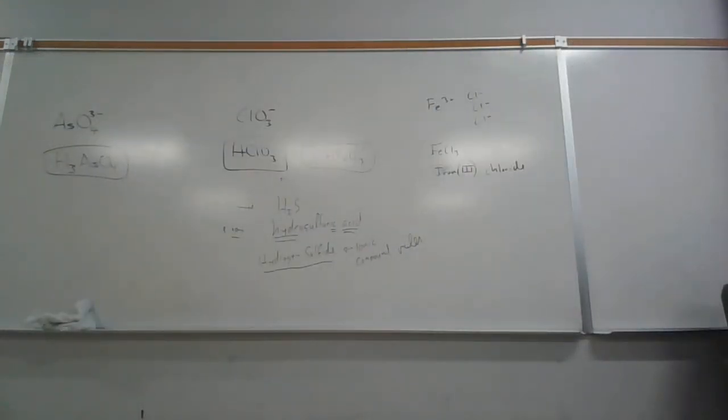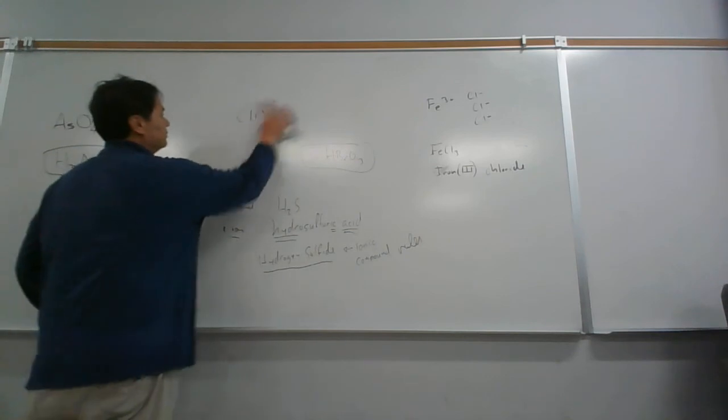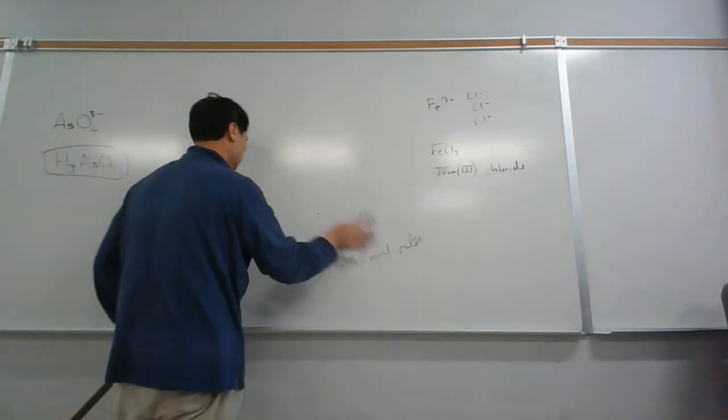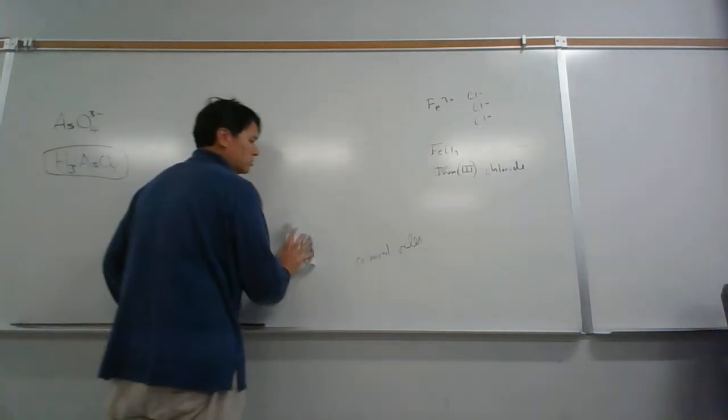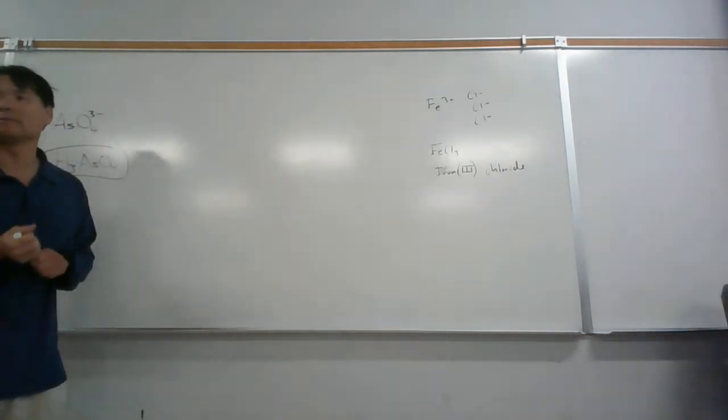Telluric acid. Would that be tellurate, tellurite, or telluride? Tellurate. And so you've got to figure out what tellurate is. Tellurium is in the same family as sulfur and selenium.